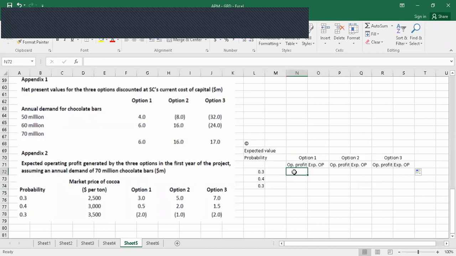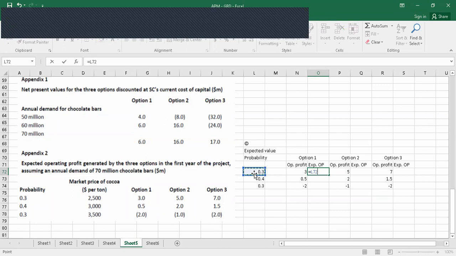The operating profit for option 1 is 3, then 0.5, then -2. The next one, option 2, is 5, 2, and then -1. Then for option 3, we have 7, then 1.5, and then -2. Done. We just have to multiply these things.